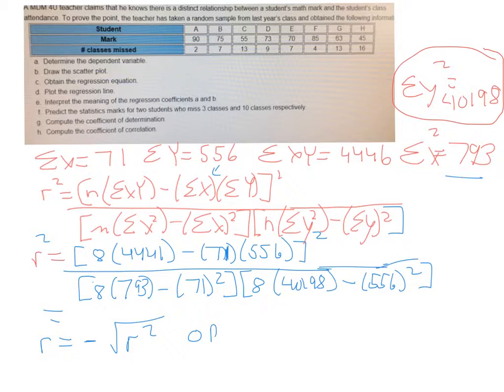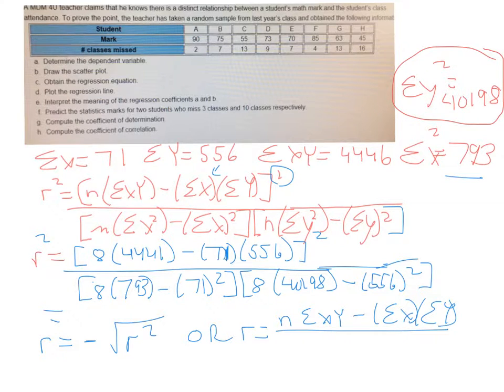Otherwise, you would use the formula for r, which takes care of that, because it's really the square root on top of what you did before, because it was squared here, and you're not going to square it this time. And on the bottom, it's the square root of the denominator of this guy.